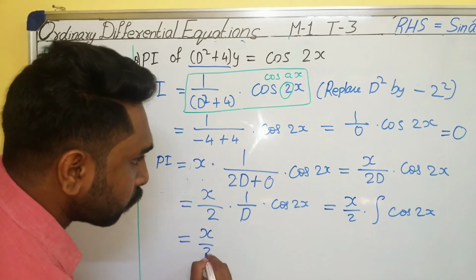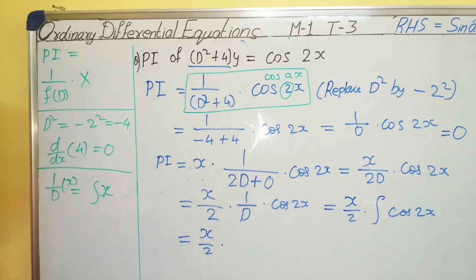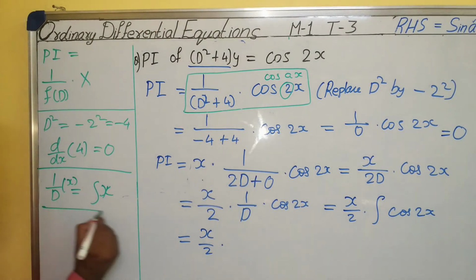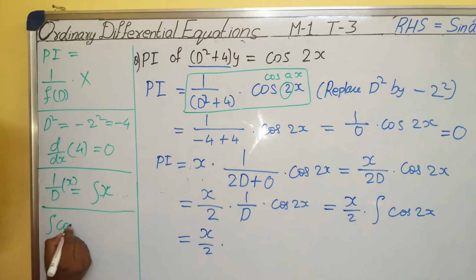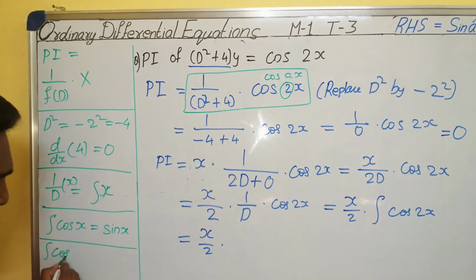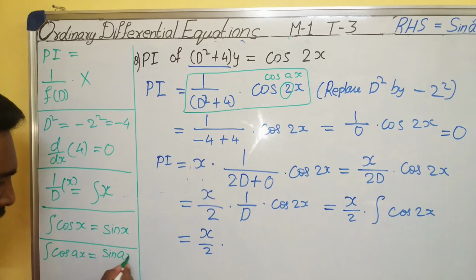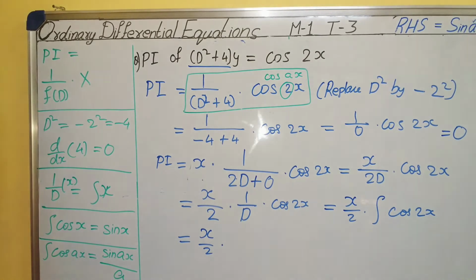So x by 2 into integration of cos 2x. What is the integration of cos x? We have the formula that integration of cos x is equal to sin x. Here we have cos 2x, so the formula for integration of cos ax is sin ax by a.